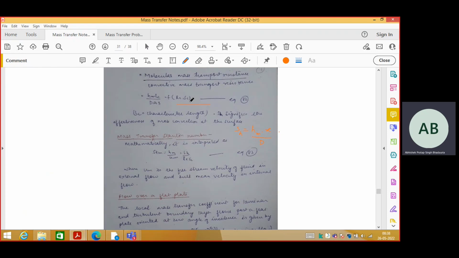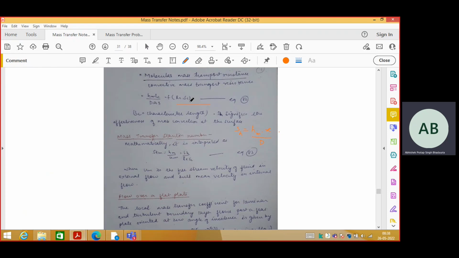Some empirical correlations are obtained under different flow conditions, such as flow over a flat plate or flow in tubes.